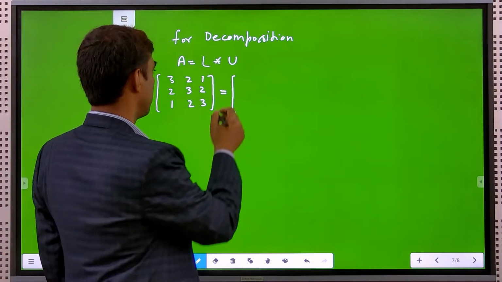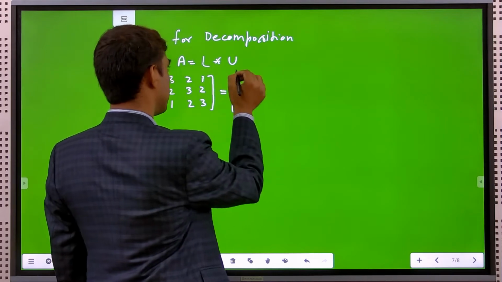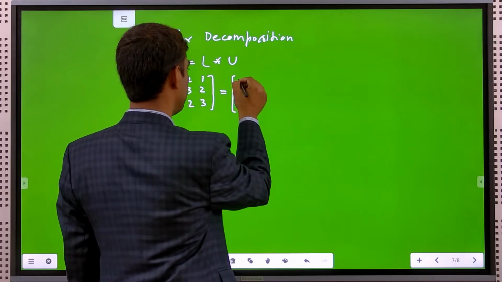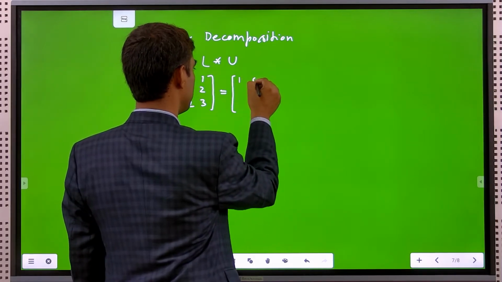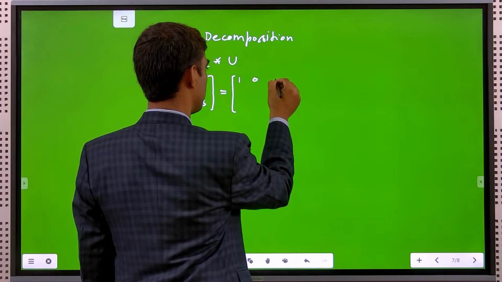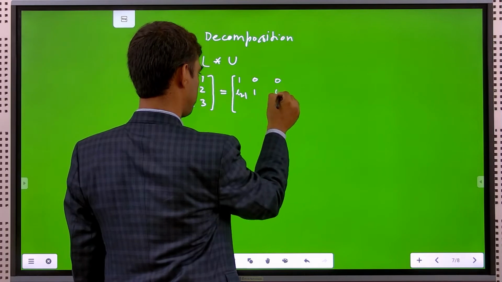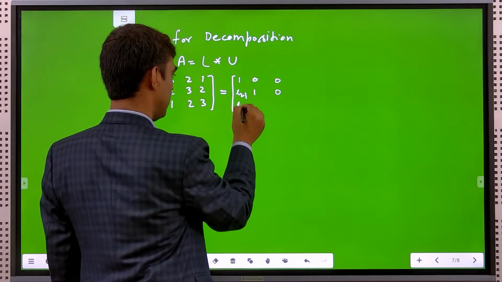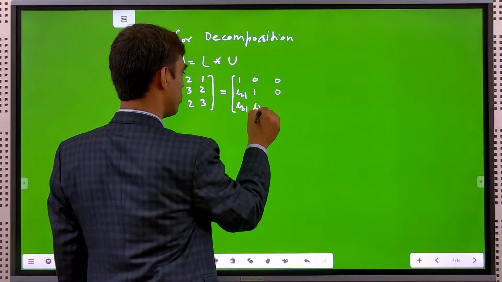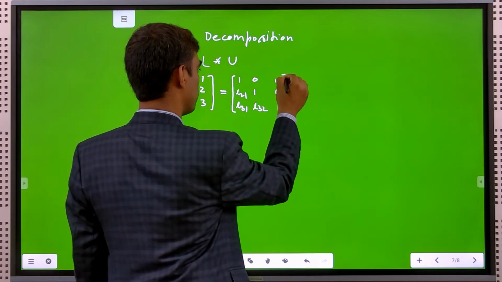So, here we write as we do in Doolittle's method. Here we write 1, 0, 0, then L21, 1, 0, then L31, L32, and 1.